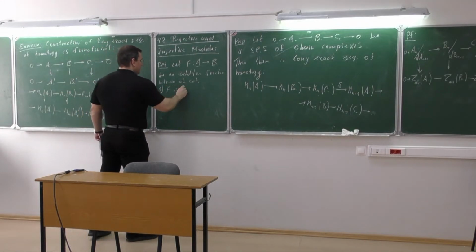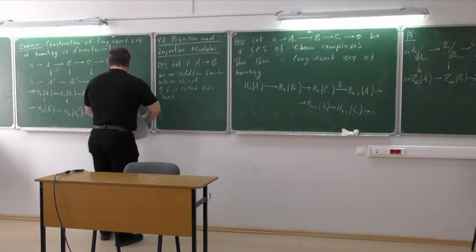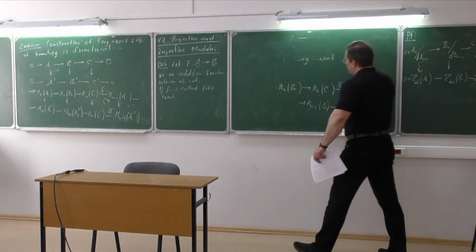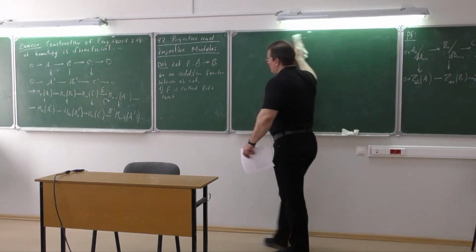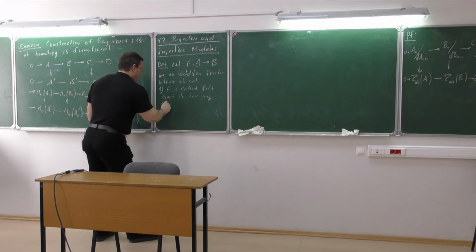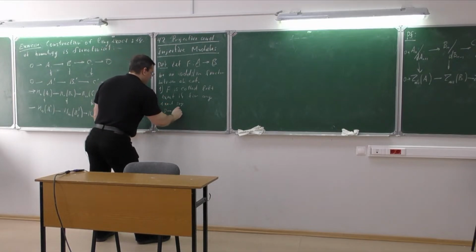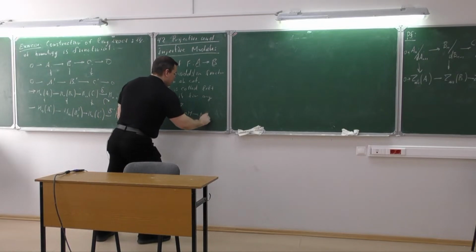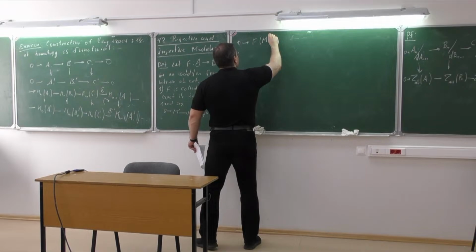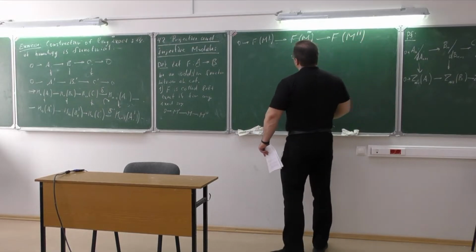So I want to introduce the notion of a left exact, right exact functor, and exact functor. f is called left exact if for any exact sequence which is exact only on the left, so I have 0, m prime, m, m double prime, if I apply this functor, I'll get an exact sequence. So this is exact.